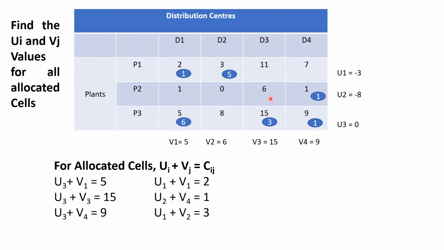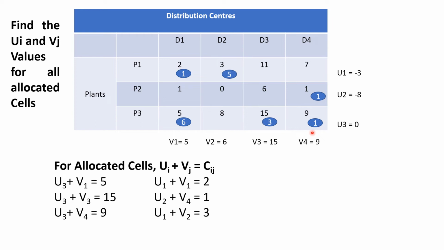Next, once we understand that yes, the MODI method can be directly applied, we have to find out the U's for the rows and V's for the columns. In order to find out the U's and the V's, your number of allocated cells should be equal to m plus n minus 1.